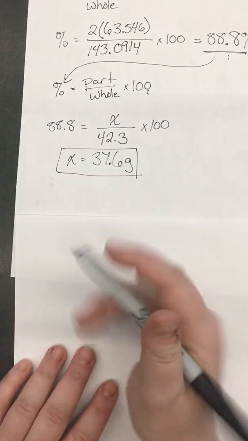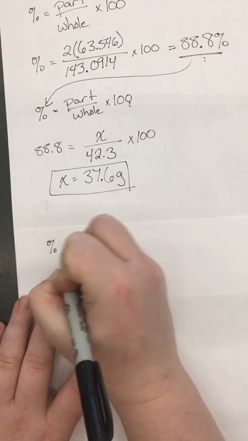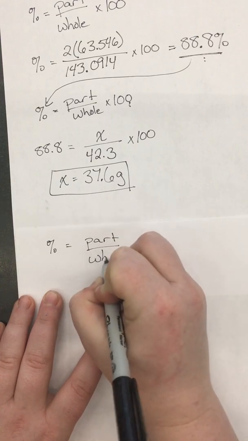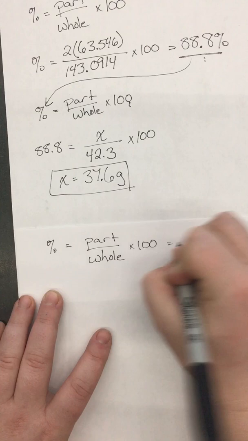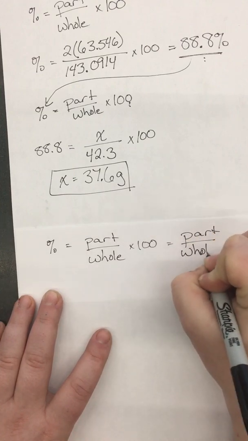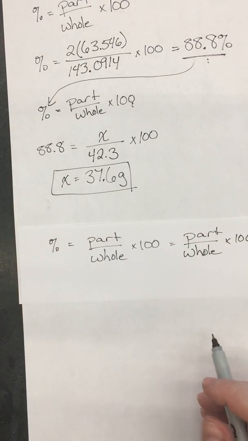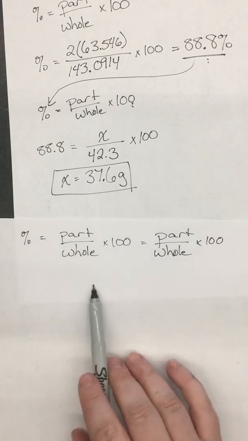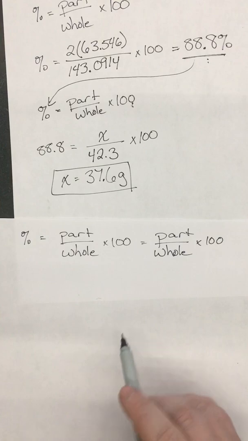So we can do percent is equal to part over whole times 100, which is equal to part over whole times 100. The percent composition is the same regardless of what my sample size is, whether it's the 1 mole or the 42.3.